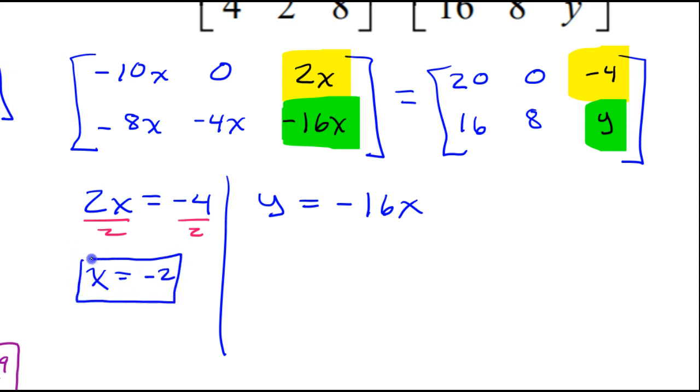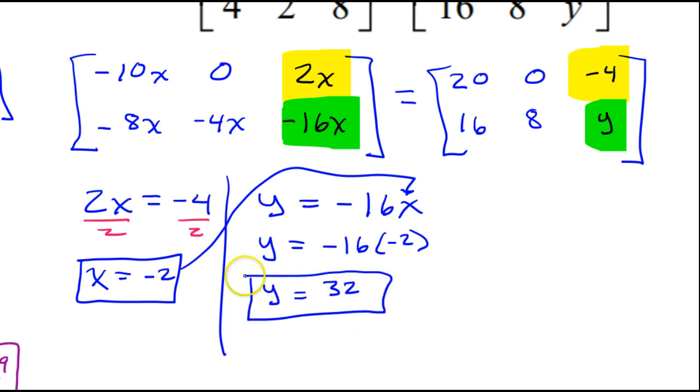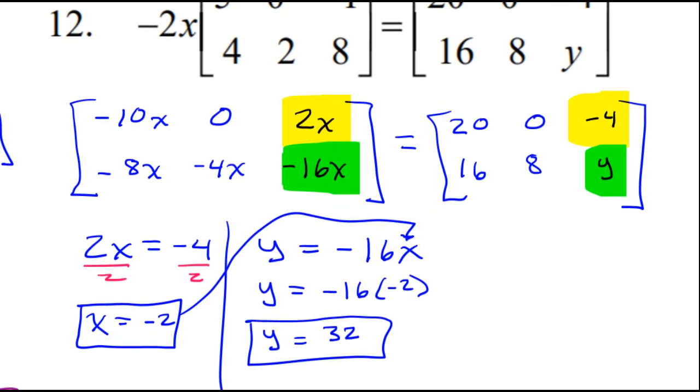So that's one solution right there. Now that we know what x is, I can substitute that in to find out what y is. So y is going to equal negative 16 times this negative 2. So y will equal 32. All right, so that should be the solution for number 12.